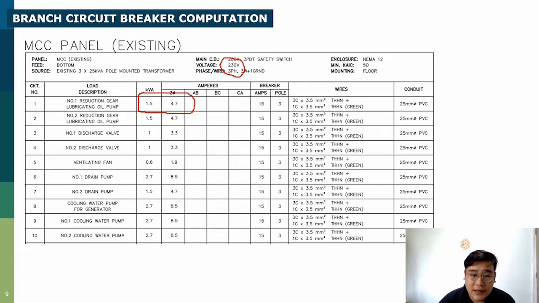So, doon natin makukuha yung 4.7 na current. Dito, mayroon naman nang list of current dito sa schedule of loads na to ng MCC panel existing sa MMDA Pandacan. Meron nang nakalagay dito mga currents. So, pinakita ko lang kung paano yung naging computation ng bawat part na yan.